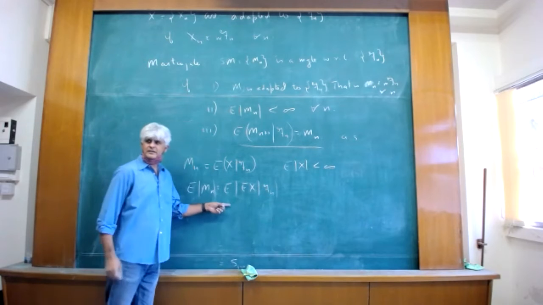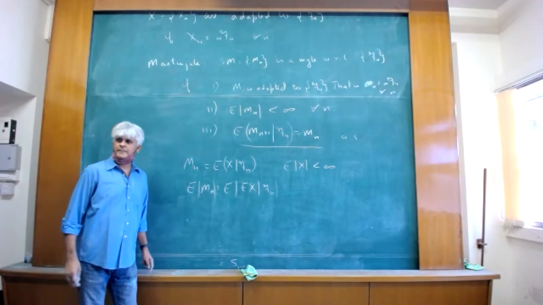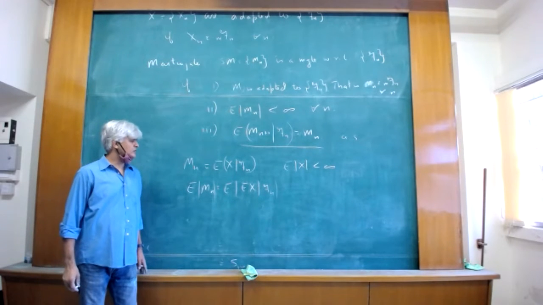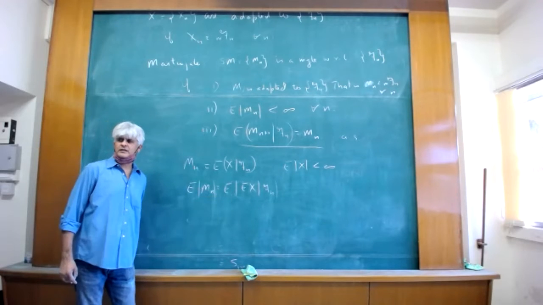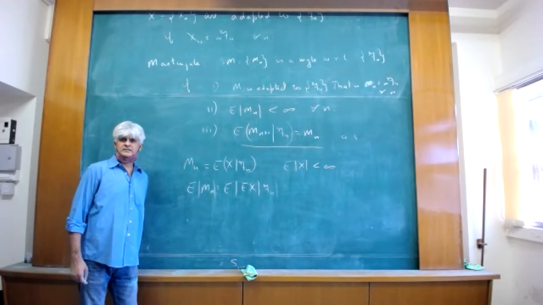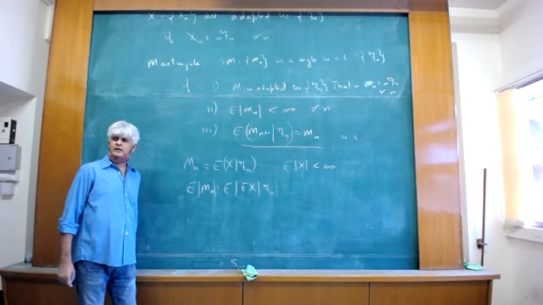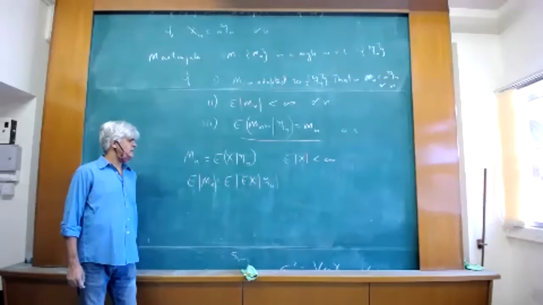Why is this finite? This is E of |X|. This would be E of X if the absolute value were not there, but it's fine, by decomposing into positive and negative parts.